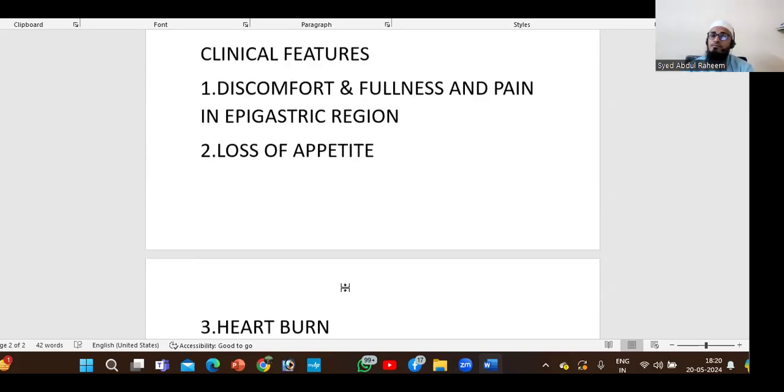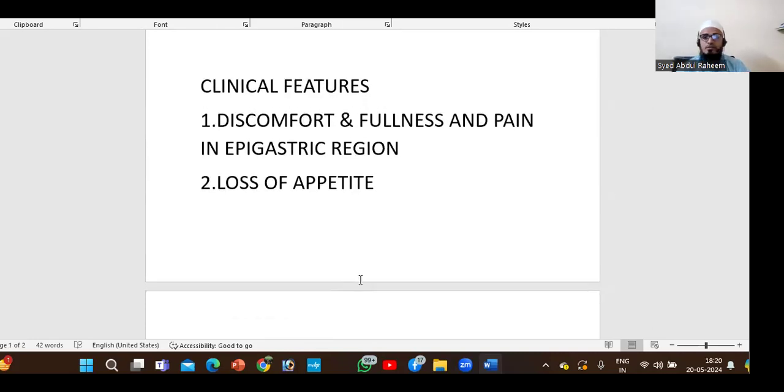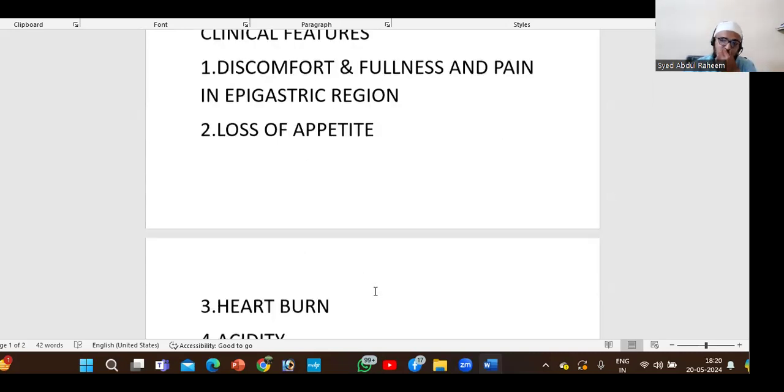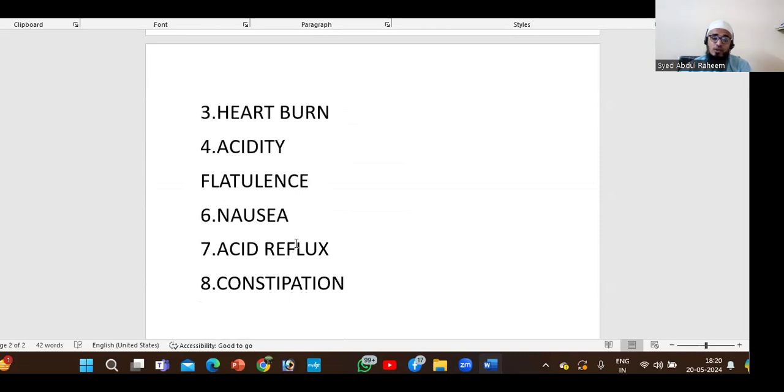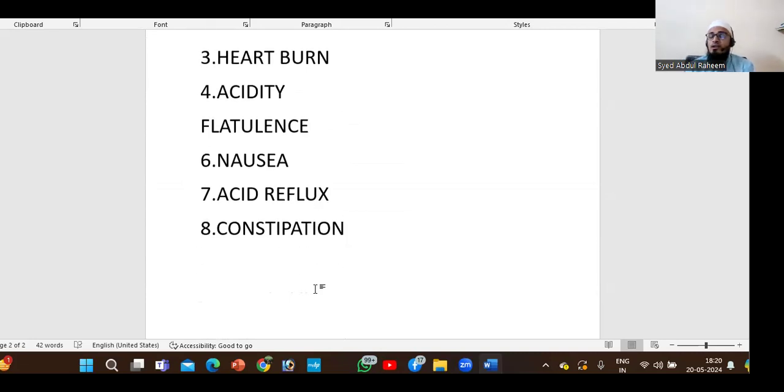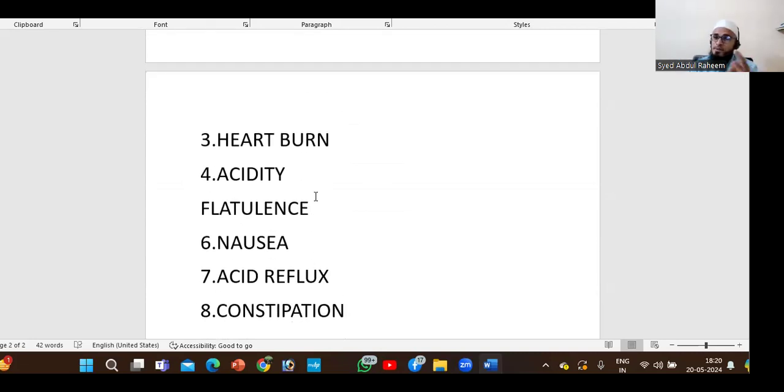So these are the clinical symptoms. The patient will come with this condition: discomfort, fullness and pain in the epigastric region, loss of appetite, heartburn, acidity, flatulence, nausea, acid reflux, constipation. All this is very, very important. These are the symptoms of dyspepsia.